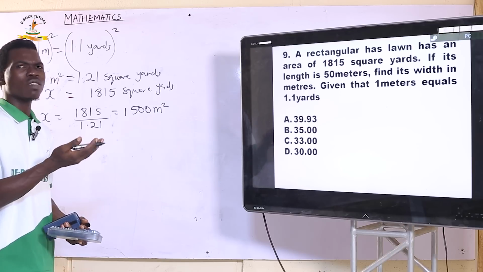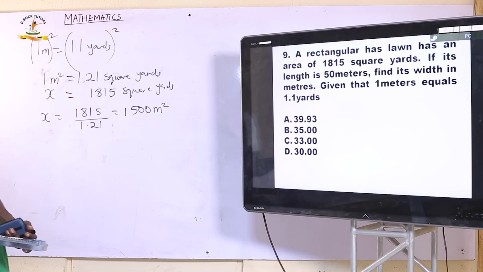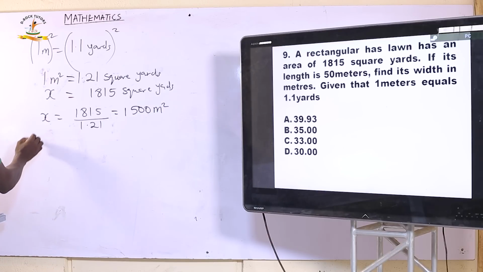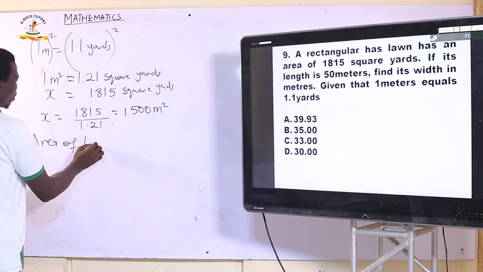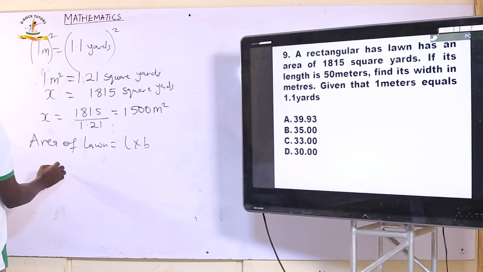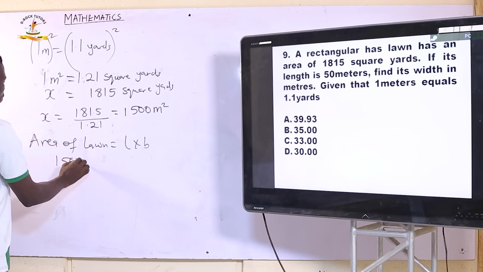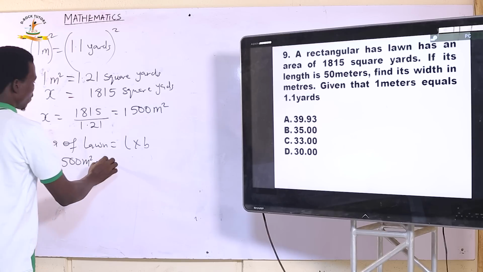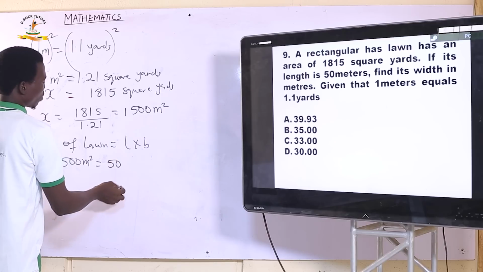For the width. The question says a rectangular lawn. So we know for a rectangle, area is what? Length times breadth. Area of lawn is going to be length times breadth. So this area, which is 1500 meters squared, is going to be length, which is what? 50 meters, times the width.